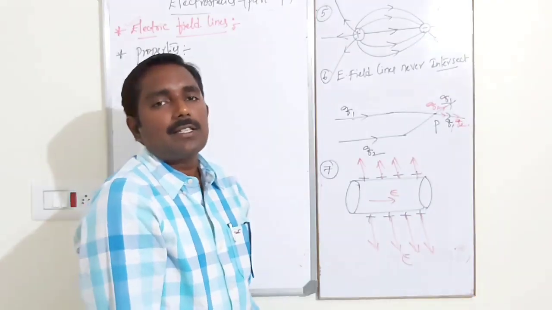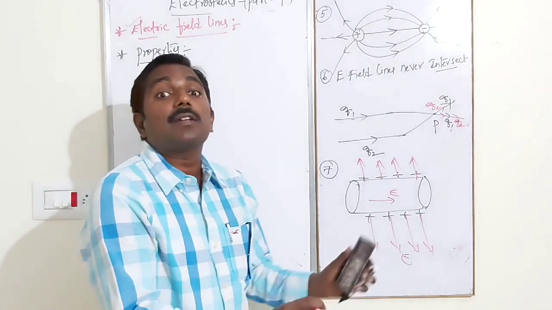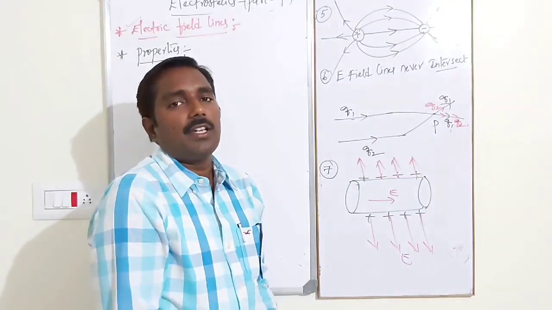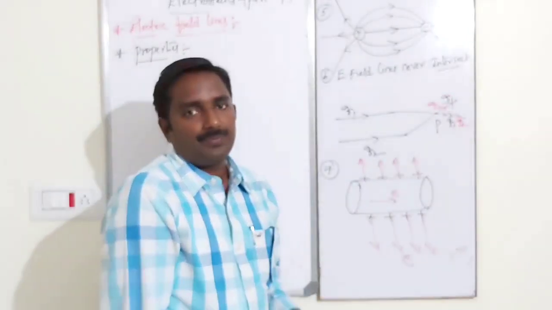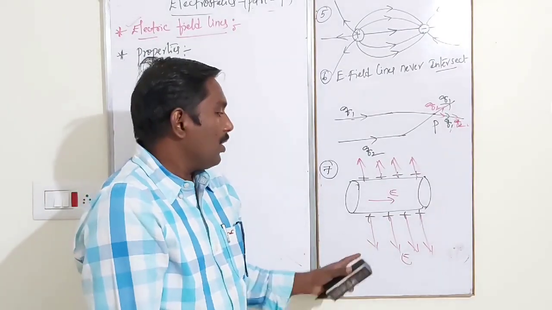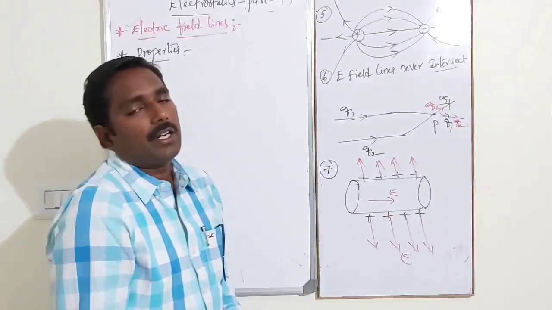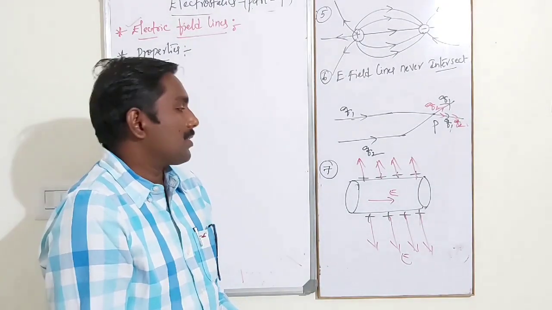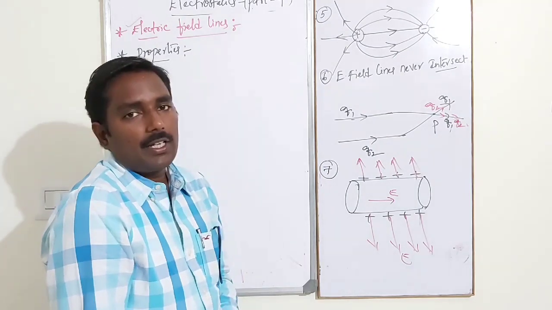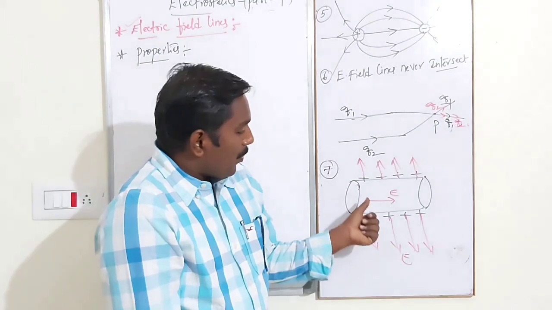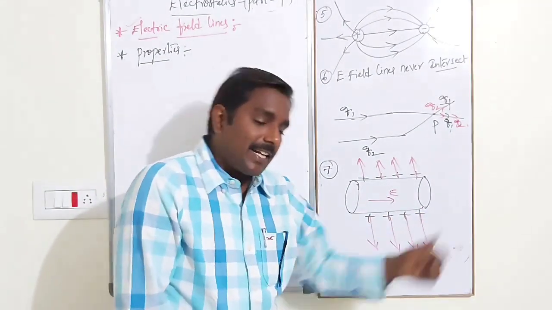But in static electricity, charges remain stationary. So it is not possible. So electric field lines are always normal to the charged conductor. Suppose field lines are parallel to the charged conductor.